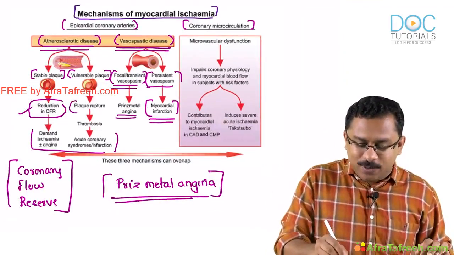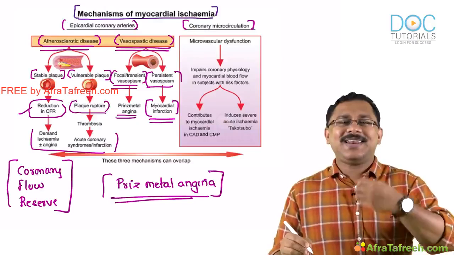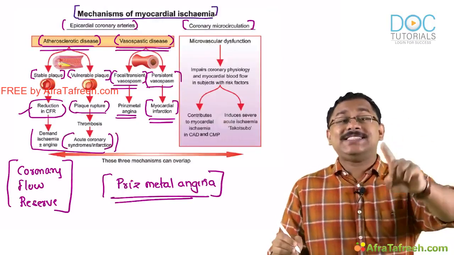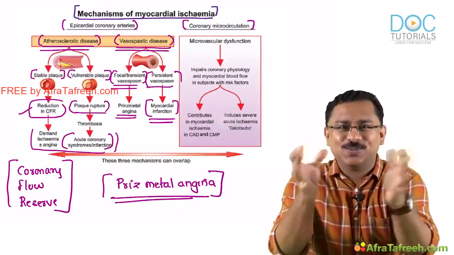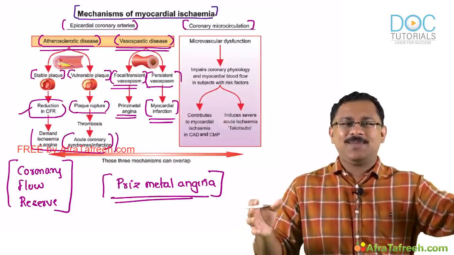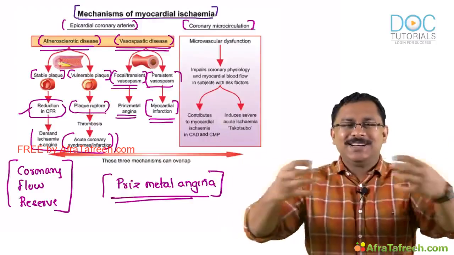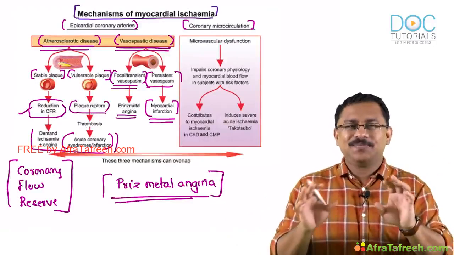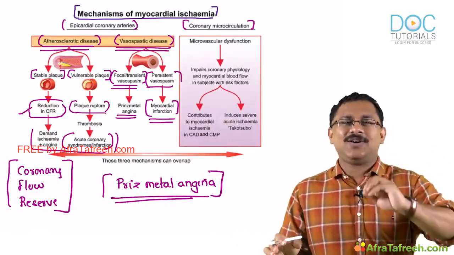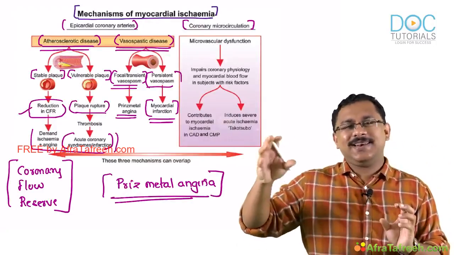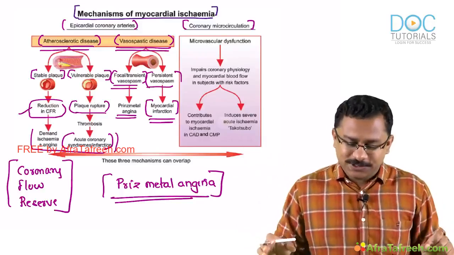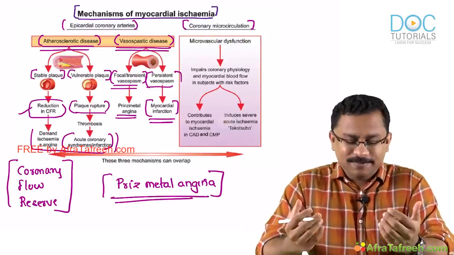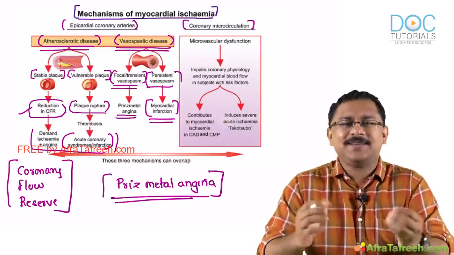Or, especially with a vulnerable plaque, there can be rupture, erosion, or ulceration that can predispose to ACS, acute coronary syndromes. Remember I told you, from stable ischemic heart disease to acute coronary syndromes is a spectrum. Atherosclerosis can cause angina, and it can lead on to acute coronary syndromes. So these were the details regarding epicardial coronary affection.